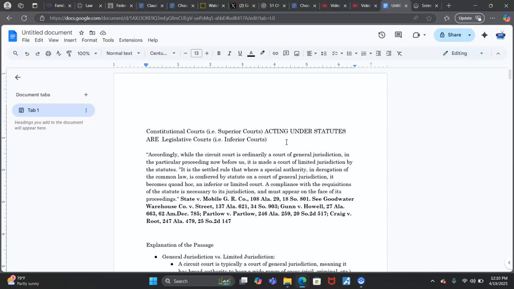If the legislature, let's say all over the country, wanted to take their legislative jurisdiction, their statutory jurisdiction, from courts that were created by the Constitution and create an agency to adjudicate their public policy for them, they can do that.